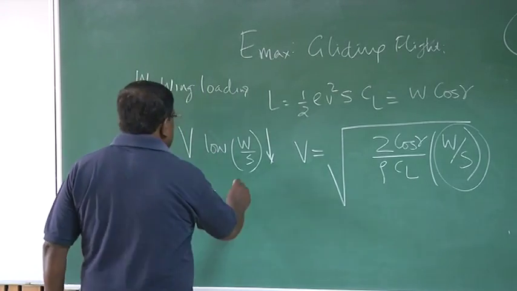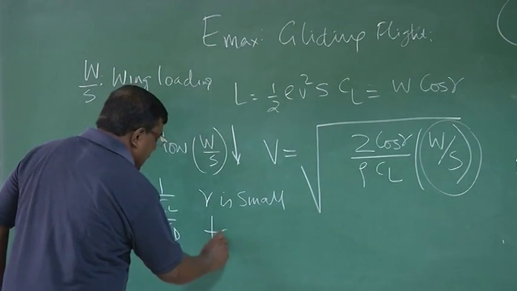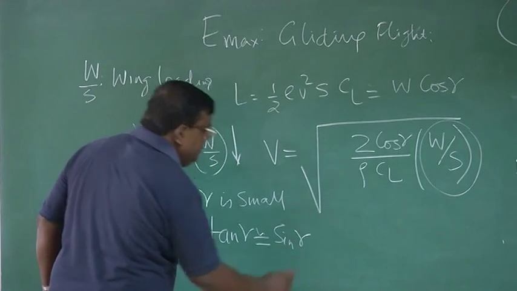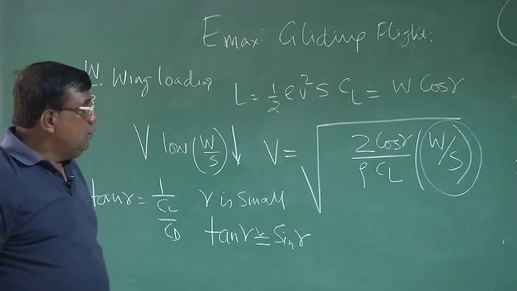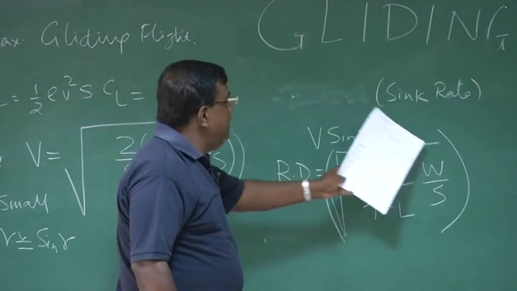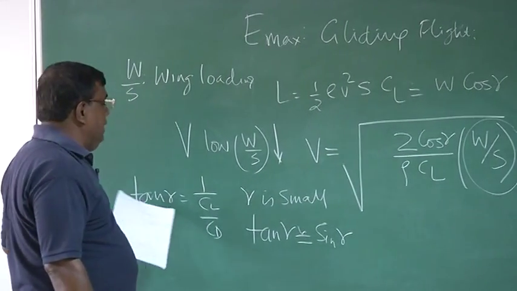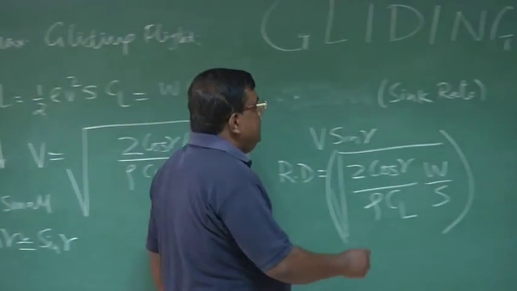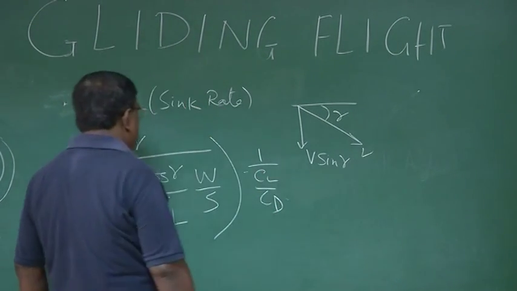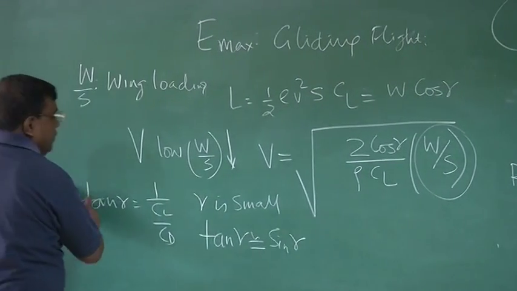If gamma is small, then I can write tan gamma is approximately equal to sine gamma. No objection, right? So now, rate of descent was V sine gamma. V is this expression. For sine gamma, I will take the expression of tan gamma, which is 1 by CL by CD. So what are you seeing here? See the rate of descent expression very carefully.